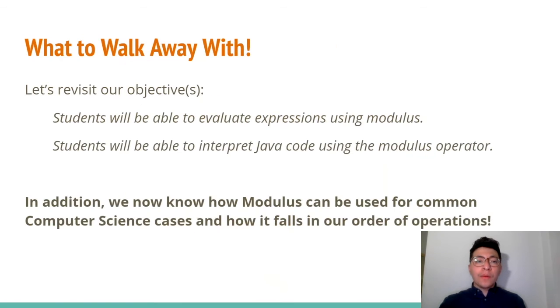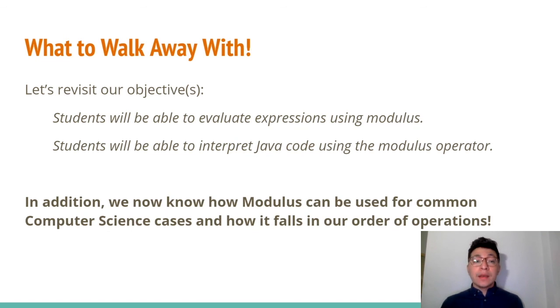All right, so now we've had a pretty powerful video here to figure out what is modulus and how is it useful. So let's revisit our objectives and make sure that you're walking away with the important things from this video. First, please make sure that you're able to evaluate some of these expressions using modulus. So without looking at any Java, just look at, if I do this mod this, what is going to be my answer?